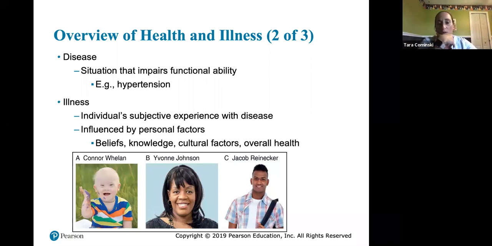But in panel B, the example they're giving is a woman with joint swelling, pain and fatigue, right? The pain and fatigue is really affecting her daily life. However, she's not diagnosed with anything right now, right? So the idea is that you can be ill without having a disease, right?